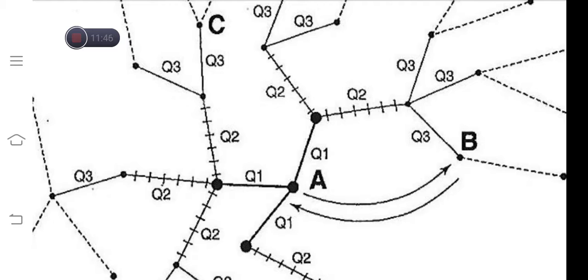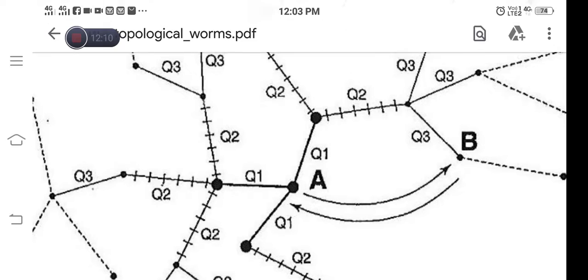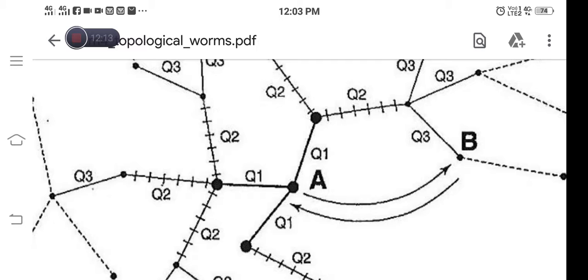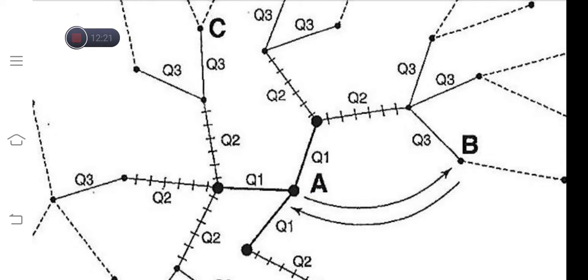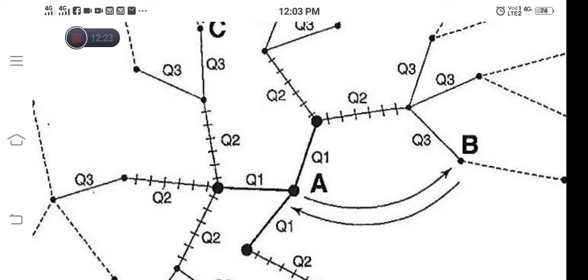So how will it be sent back to A? The query hit message traces the path of the query request message sent by A in reverse. That is how the query hit message will be sent to the node A. The requesting node, here A, may receive multiple positive responses. Node A can get a response from this node or from that node.